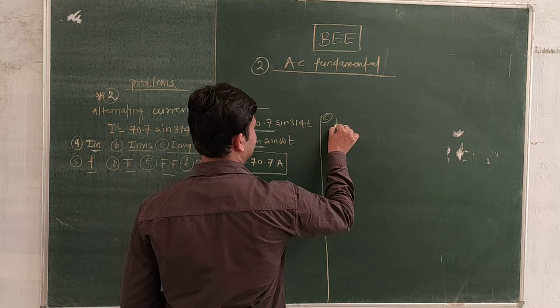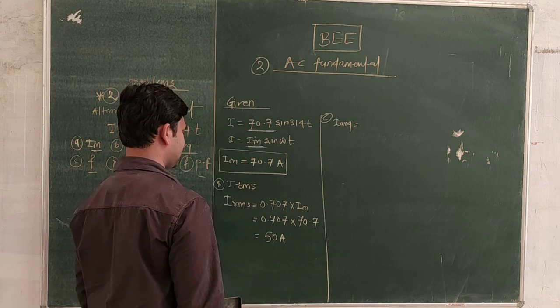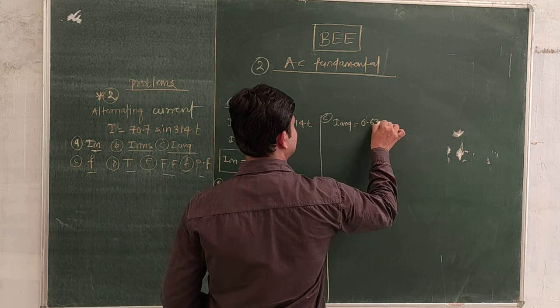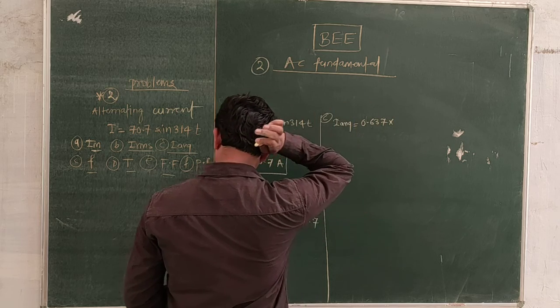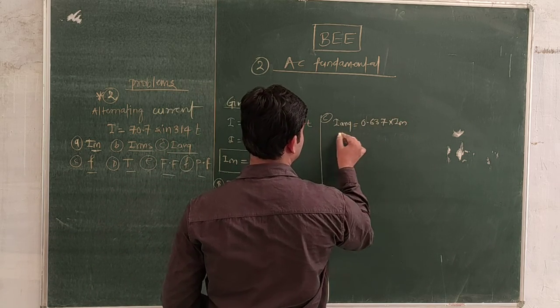Then next we find the average value of current. The average value of current is 0.637 times the maximum value of current.